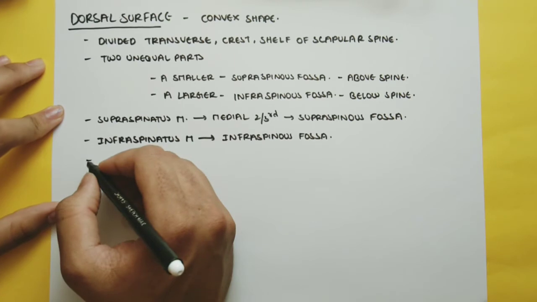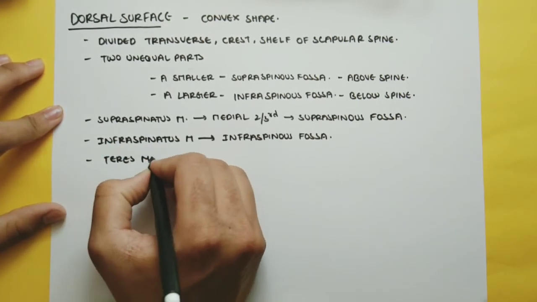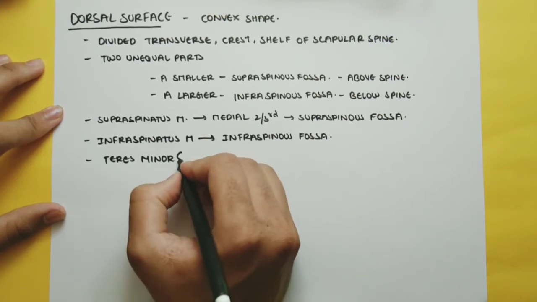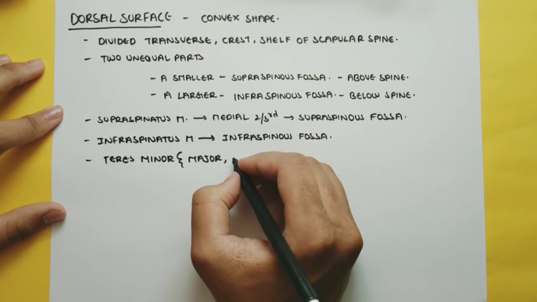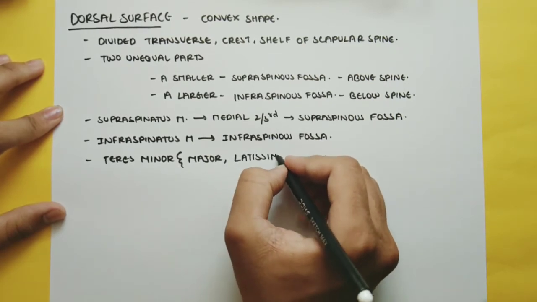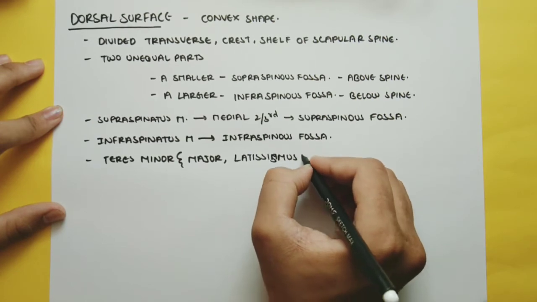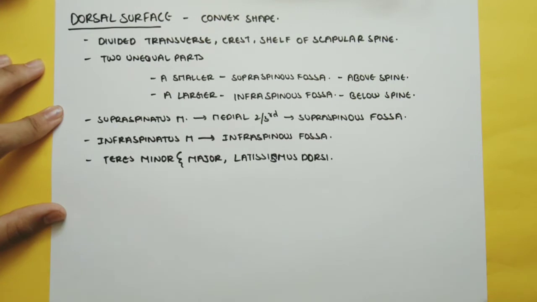The other attachments are teres minor and major, and the other one is latissimus dorsi.